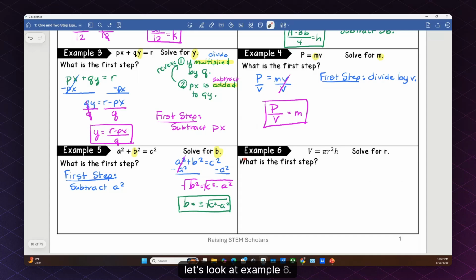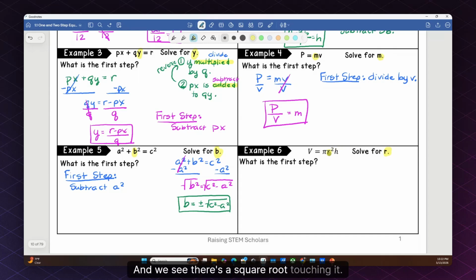Alrighty, let's look at example 6. We have this volume equation, V equals pi r squared h, and we need to solve for r. Well, our r is right here, and we see there's a square touching it.